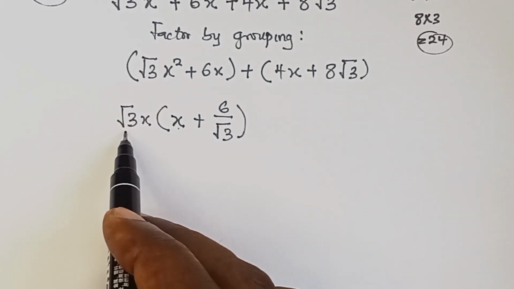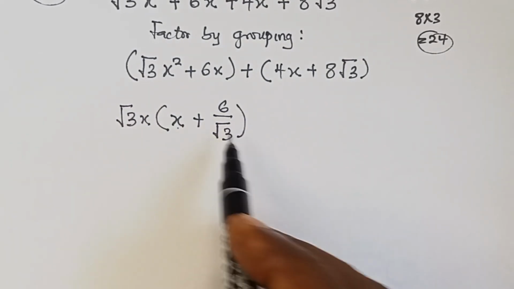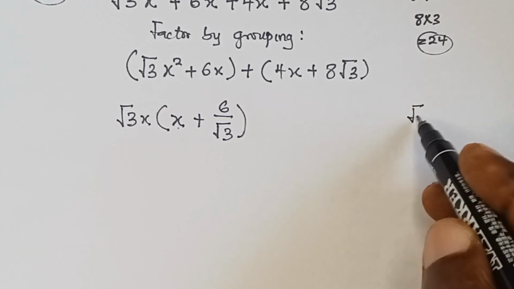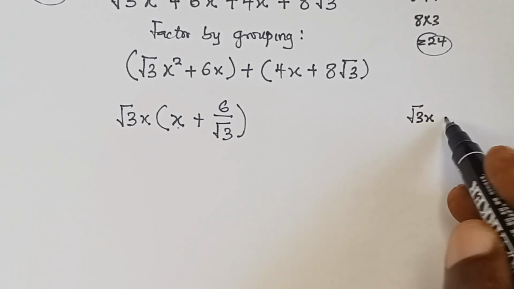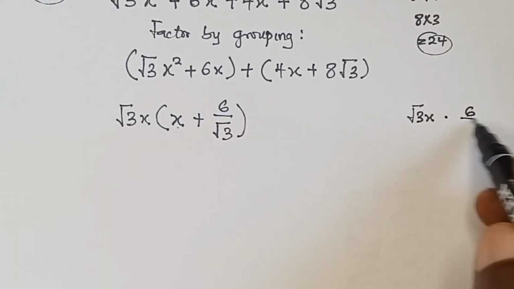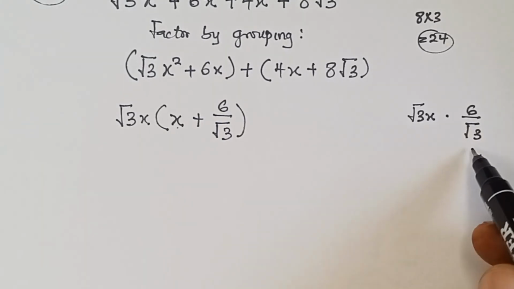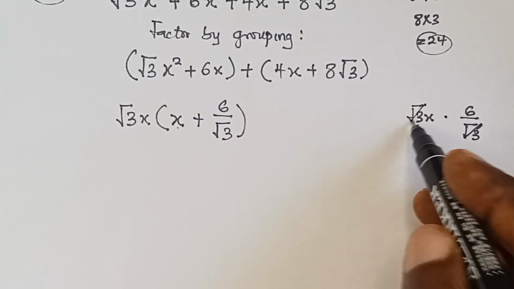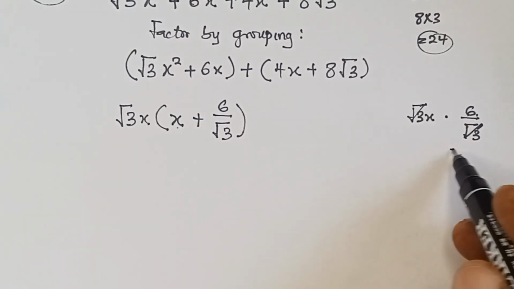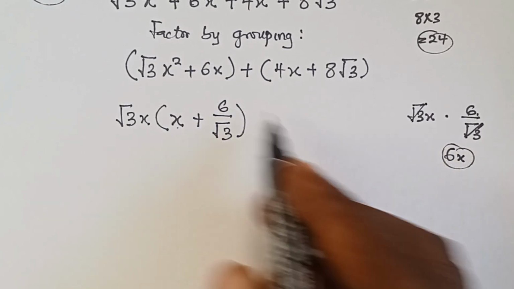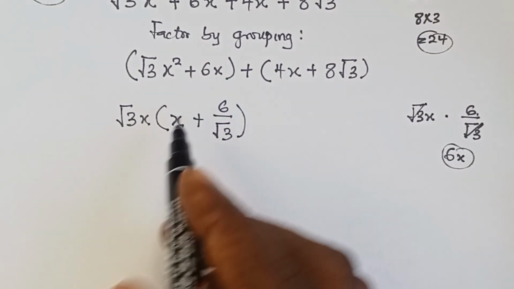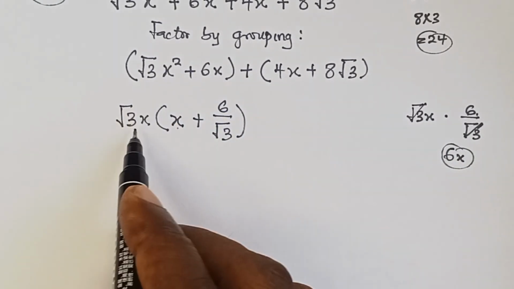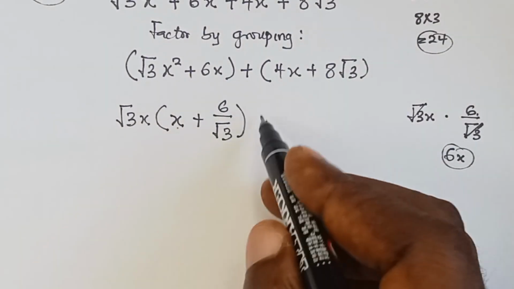And if you multiply root 3x times 6 over root 3, the root 3 cancels, we have x times 6, which will give us 6x. And that is what we have in this place. So this times this will give us this, and this times this will give us this.